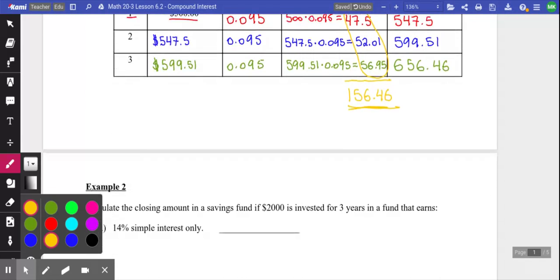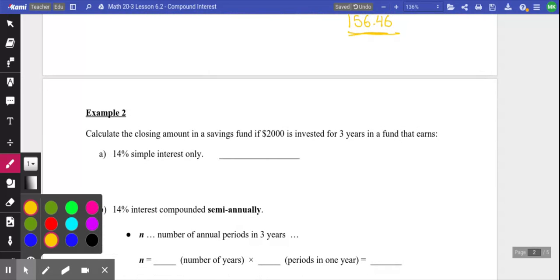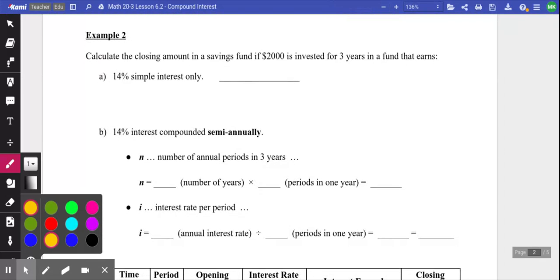All right, let's try another one. We have a savings fund that has $2,000 in it. It says calculate the closing amount in a savings fund if $2,000, so that's my P, is invested for 3 years, that's my T, with a simple interest of 14%, that's 0.14, right?